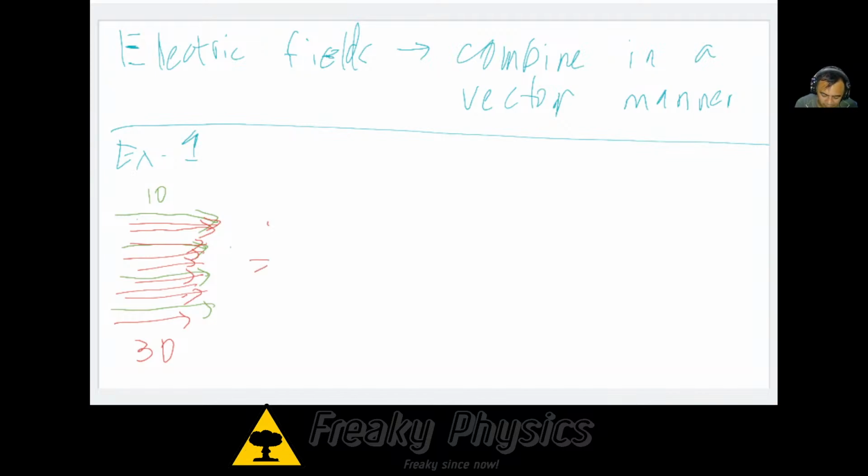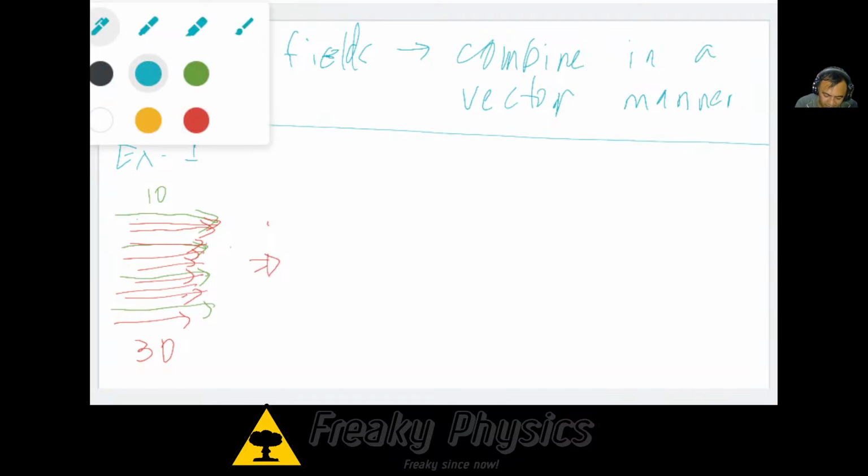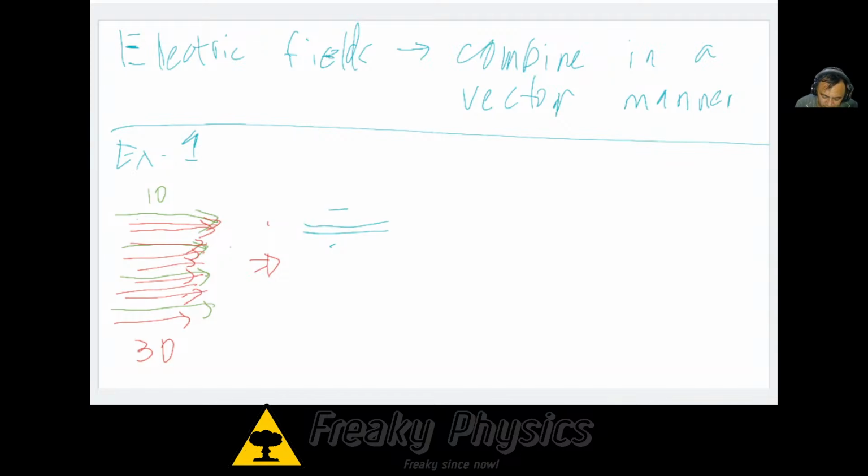This is equivalent to saying you have an electric field that's really, really dense and in the same direction like this, and this would be 40.